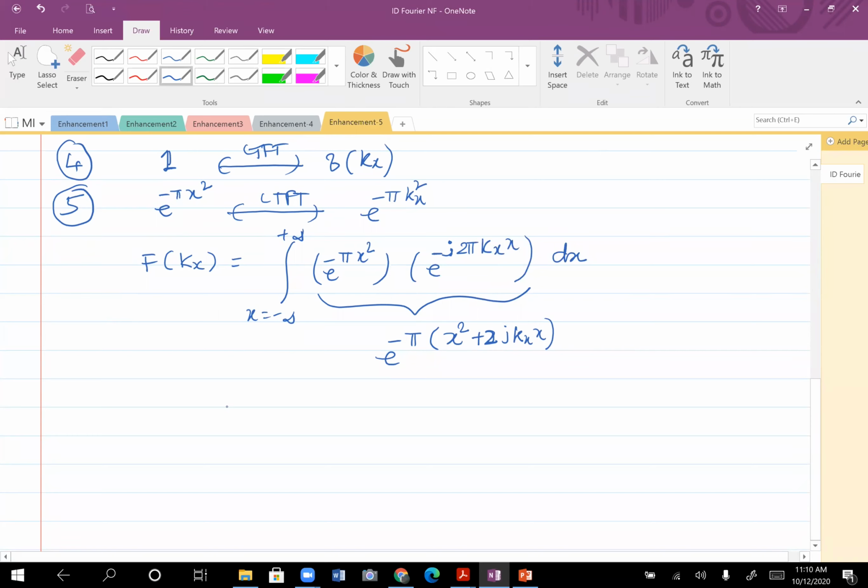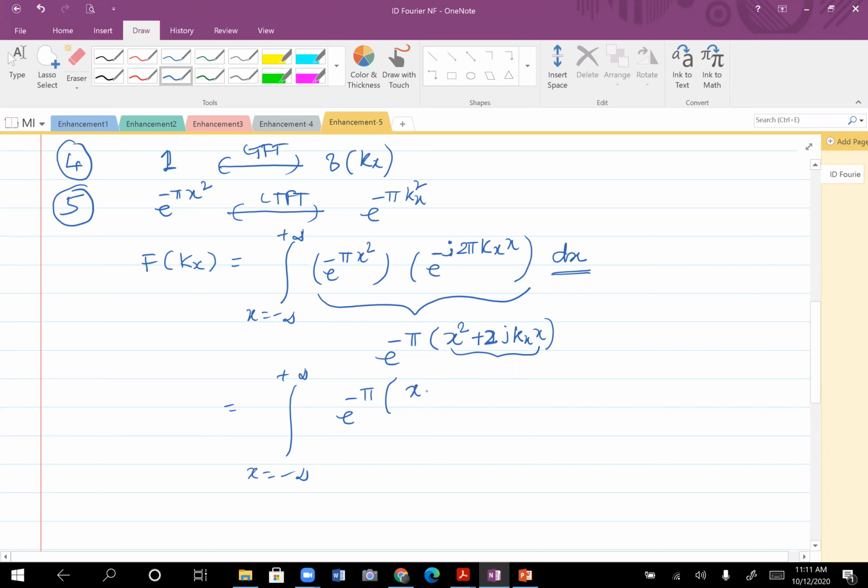So can I now write this as x varying from minus infinity to plus infinity, e power minus pi of a square term, and another term subtracted from it, kx, because that is something I could take out, since the integrand here is with respect to x.